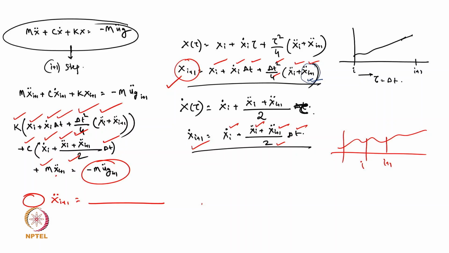Once we solve for x_{i+1} double dot, we can solve for x_{i+1} and x dot_{i+1}. So that was correct. But now we try to put the same thing in the Newmark beta frame. Average constant linear acceleration worked very nicely, but average acceleration blows up. Where is the problem?